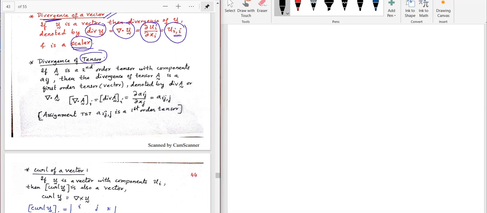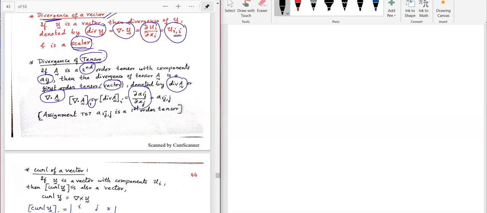Let us take a second order tensor. Let A be a second order tensor with the components Aij. Then, the divergence of the tensor A is a first order tensor or a vector, denoted by div A or del dot A. Del dot A is a vector, so only one free suffix i, and that is equal to dou Aij by dou xj.